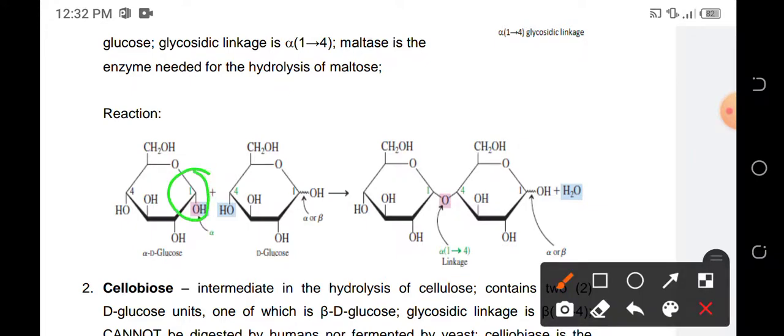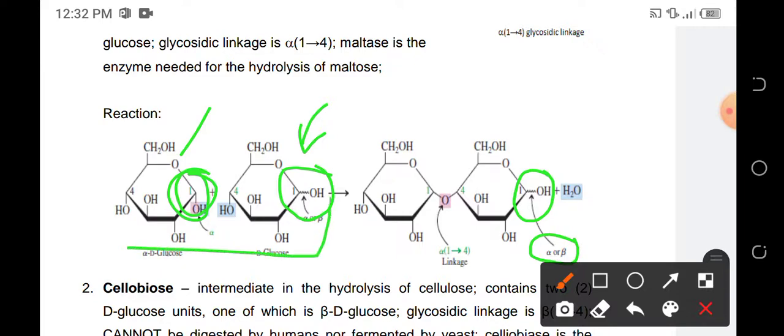Ito lang ang involved. Itong hemiacetal carbon atom ng second monosaccharide, hindi siya involved sa reaction. So, dahil hindi siya nga involved, meron pa rin ang possibility that an alpha or beta maltose could exist. Okay? So, ulitin natin, only one hemiacetal carbon atom is involved in the condensation reaction of these two monosaccharides.